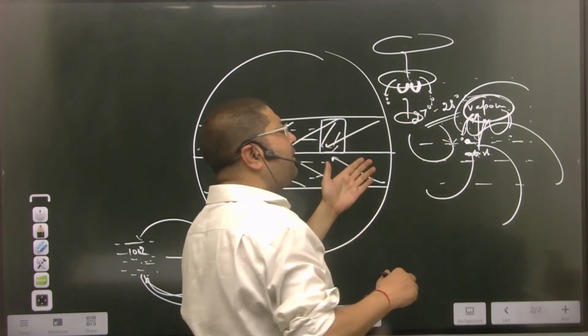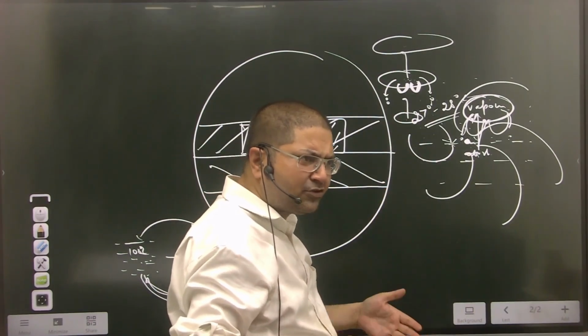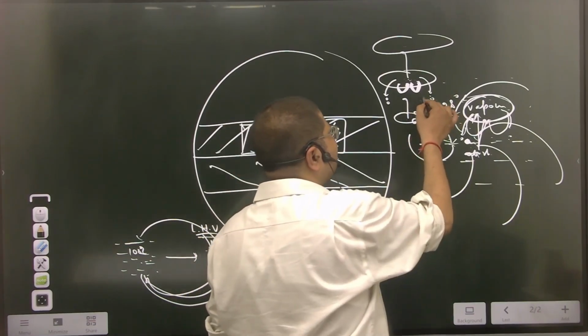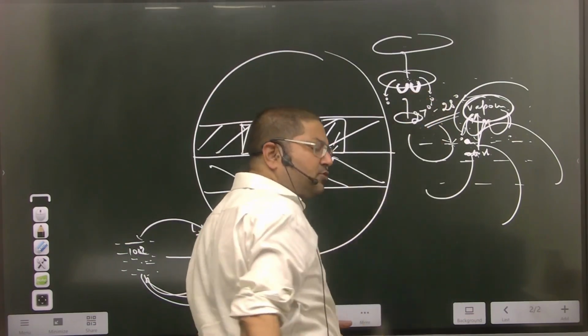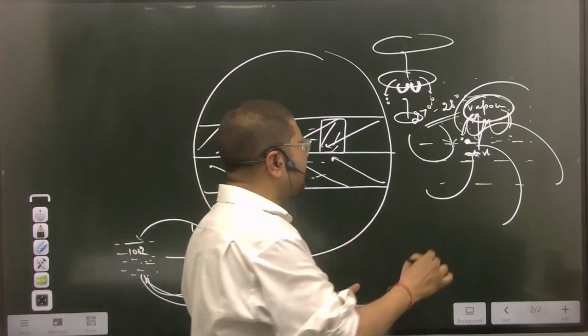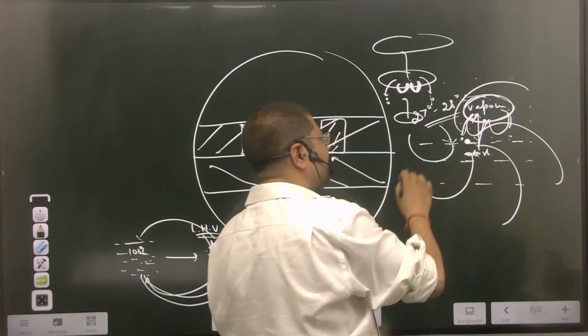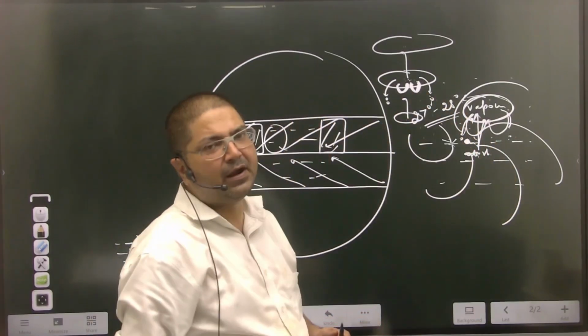And on land, when there is no moisture, there is no condensation, no release of latent heat, no heat is added, and so air stops rising. When air stops rising, this low pressure converts into high pressure, the convergence of air stops, and the tropical cyclone dies out.